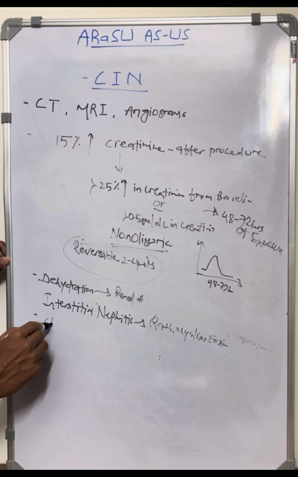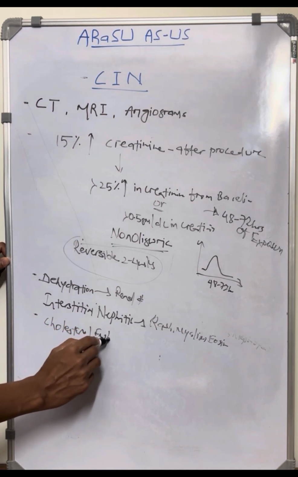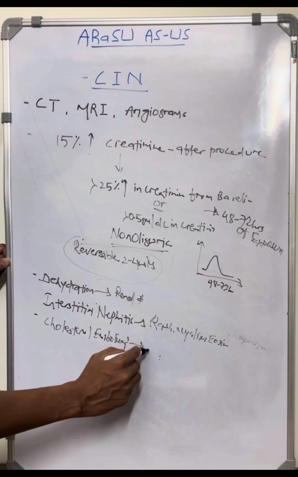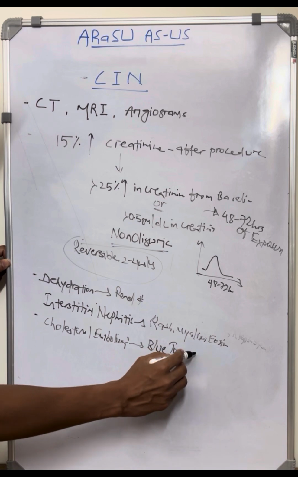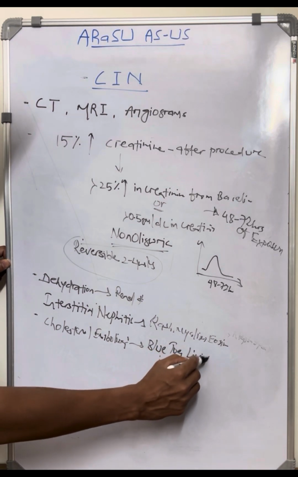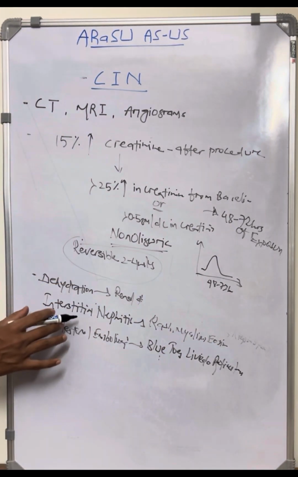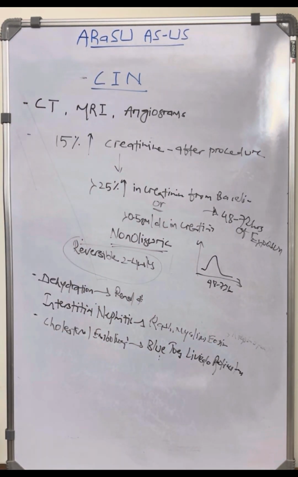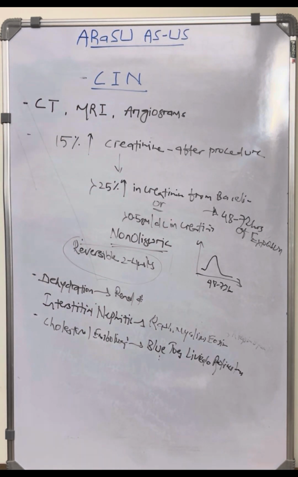Then comes cholesterol emboli. Cholesterol embolization can be seen, and the evidence is blue toes and livedo reticularis. These are some other mechanisms after usage of contrast which can lead to nephropathy, other than the mechanisms we discussed in the beginning.